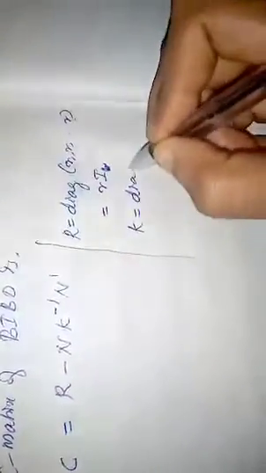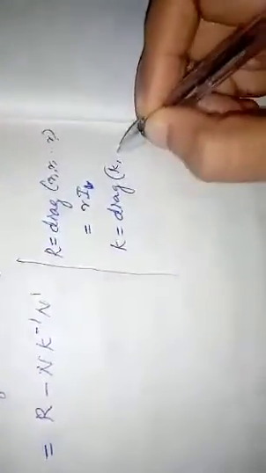So we can write it as r into IV. And also, what is K there? K equal to diagonal matrix of K, so on K, right? You can write it as K into IB.